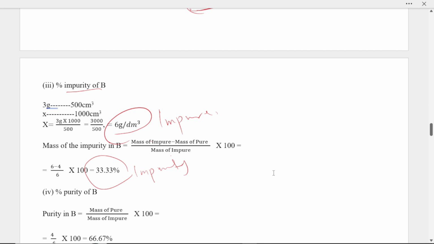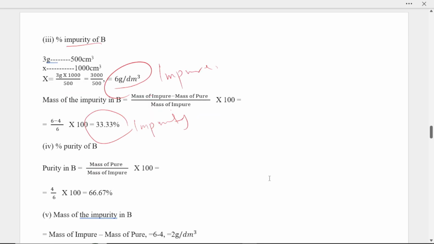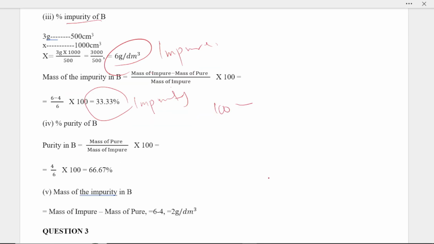So getting purity, you can simply say 100 minus 33.3%, which will give us 66.7%. Or you can use this formula that says mass of pure over mass of impure times 100, which is 4 over 6 times 100, which gives us the same answer.